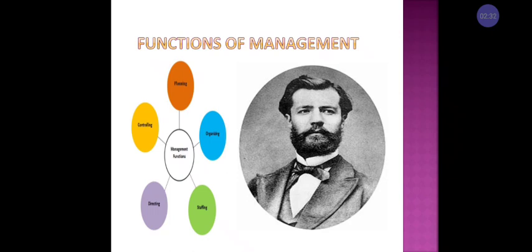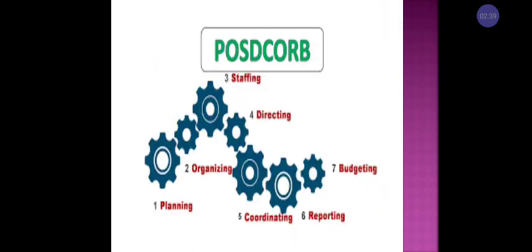There are other functions also. Let us see what the other functions of management are. We have POSDCORB. P stands for planning, O for organizing, S for staffing, D for directing, CO for coordinating, R for reporting, and the last one, B, for budgeting.